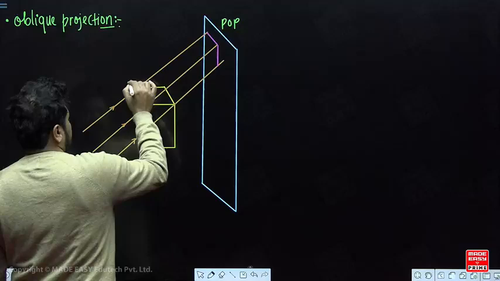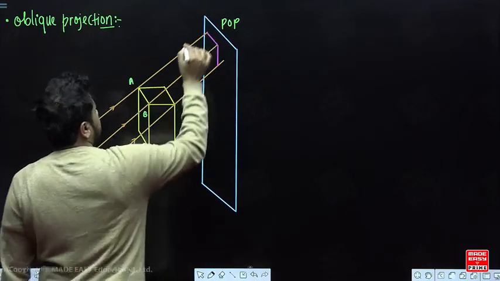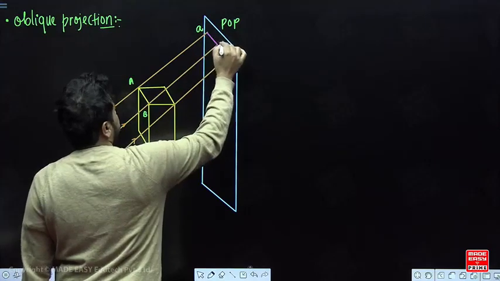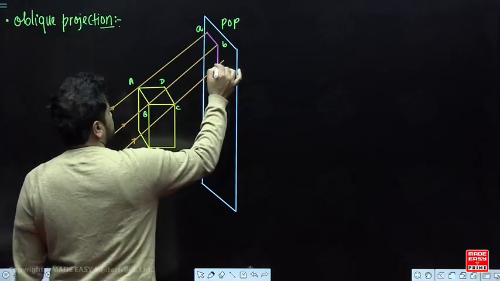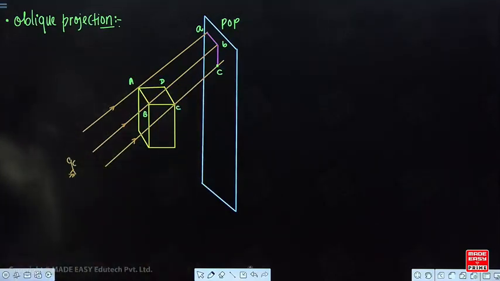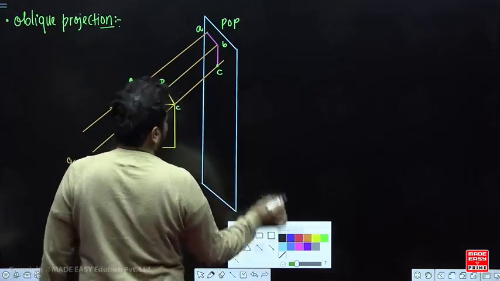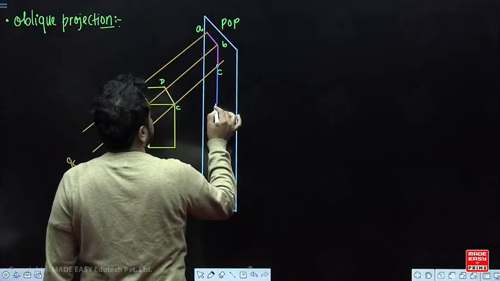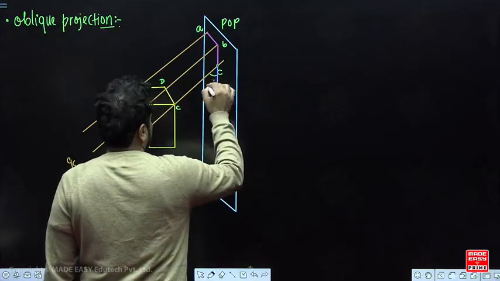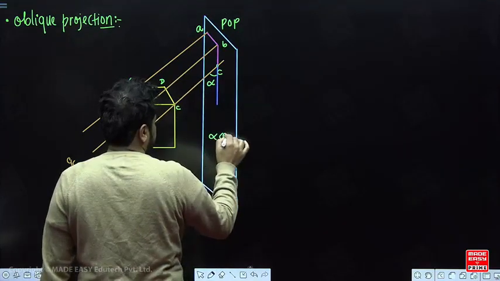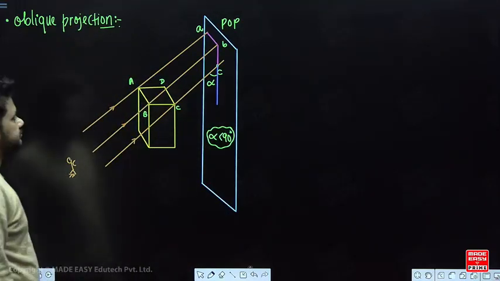Suppose this is A and let us say this is B. So its projection will be A and its projection is B, correct. Let us say this is C and this is D. So its projection will be C, isn't it? So in oblique projection, what you observe is this angle alpha is less than 90 degrees.